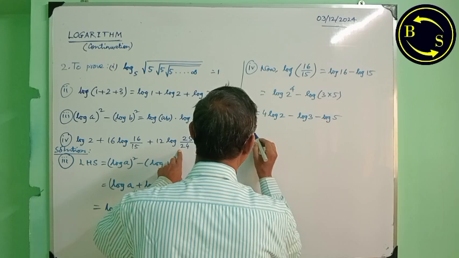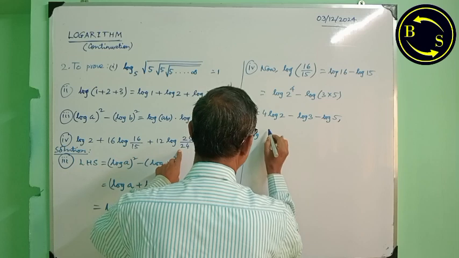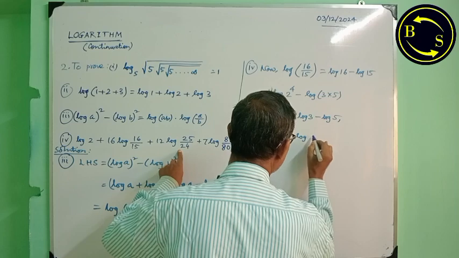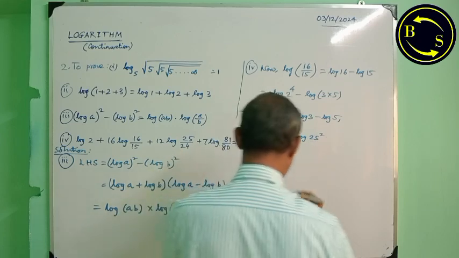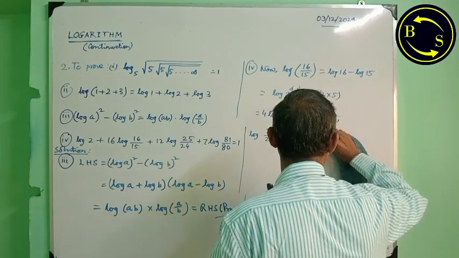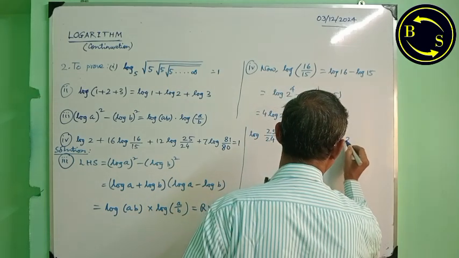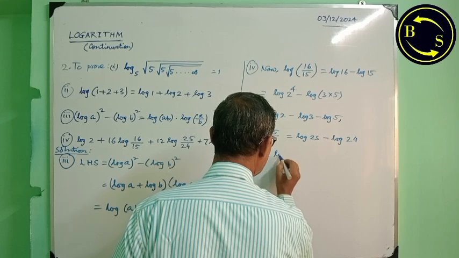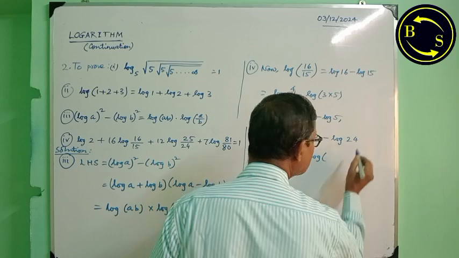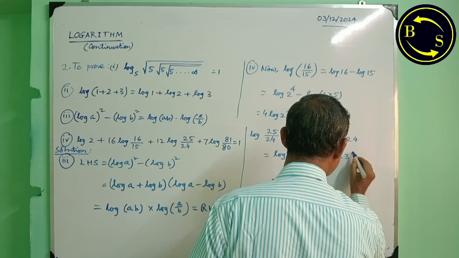Then log of 25 by 24. Log of 25 minus log of 24, that is equal to log of 5 square minus log of 24 means 8 into 3, that means 2 cube into 3.